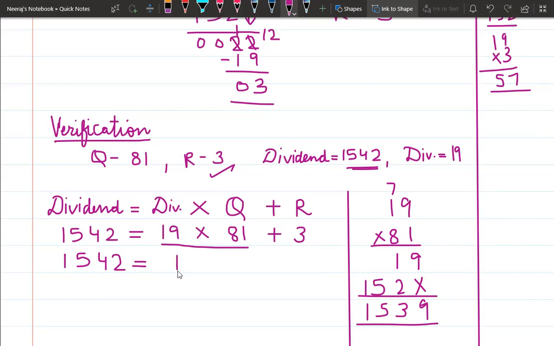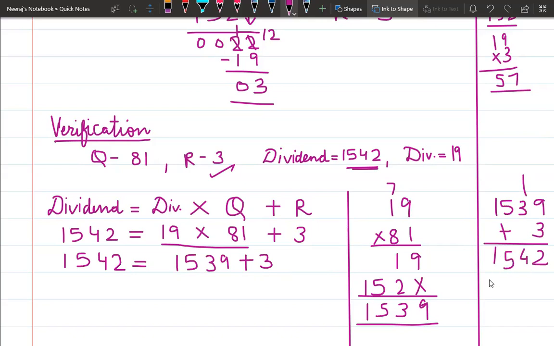So we have to write the product 1539. After it you have to add 3. You can do the addition in rough. 1539 plus 3. Then 9 plus 3 is 12. 3 plus 1 is 4. And this will be 5 and 1.